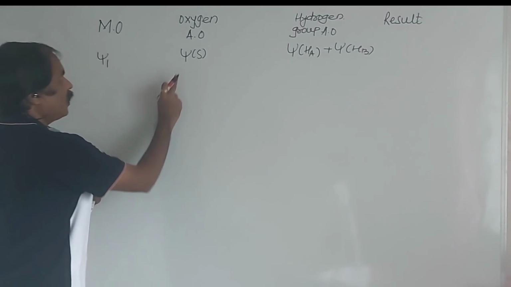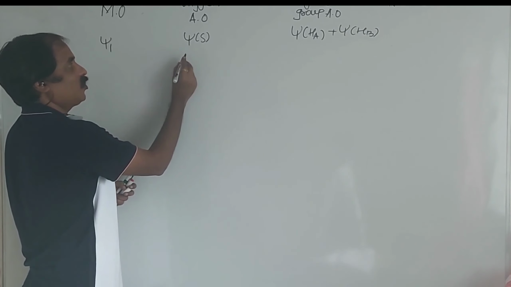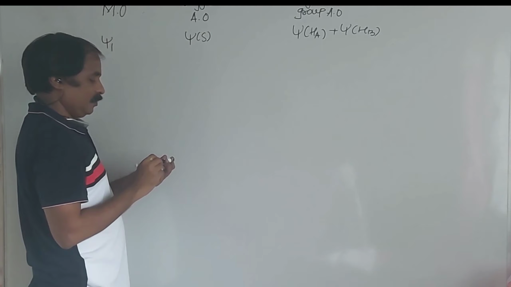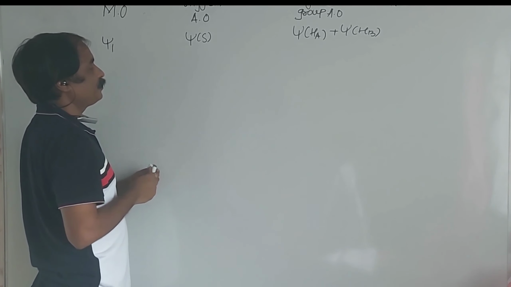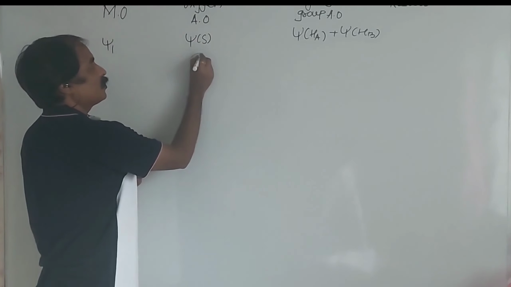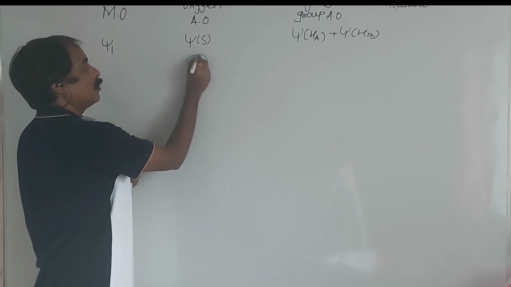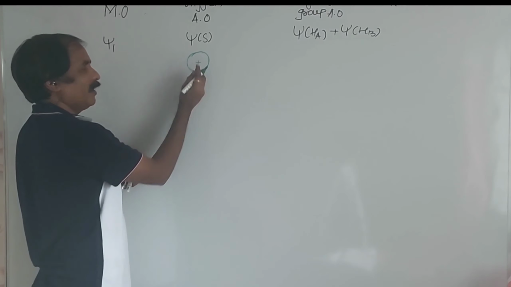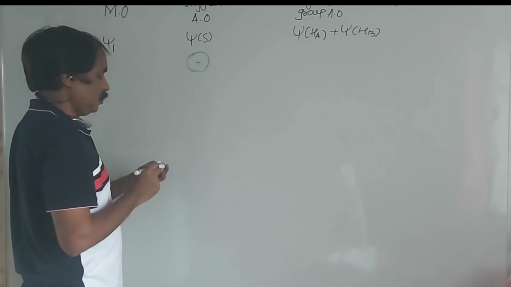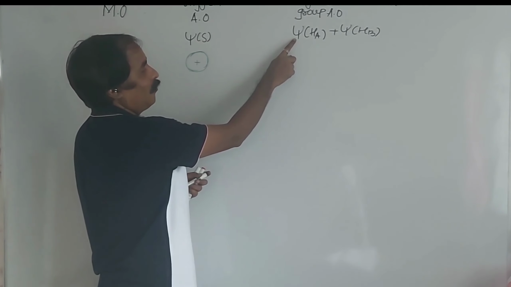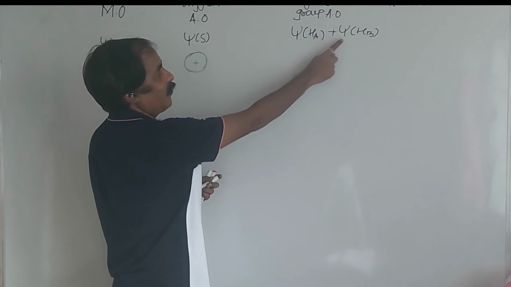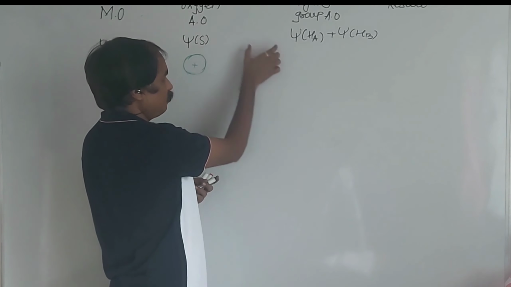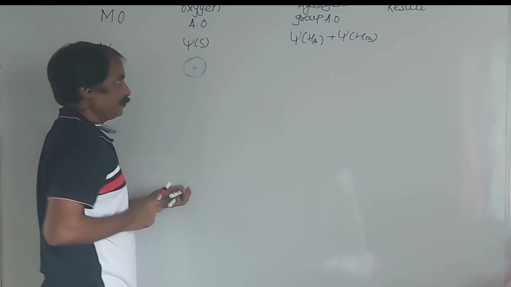See here, I have taken the wave function of the S atomic orbital of oxygen. I will show it like this. Suppose it is a positive wave function, or you can take a negative wave function. And the wave function of hydrogen A and the wave function of hydrogen B. Addition of these two, what will happen?